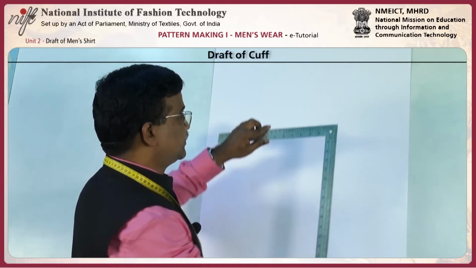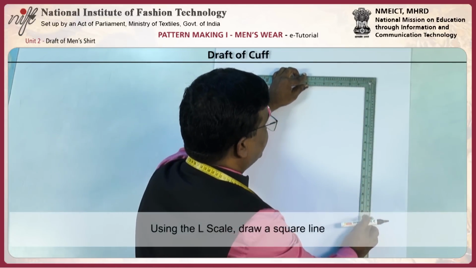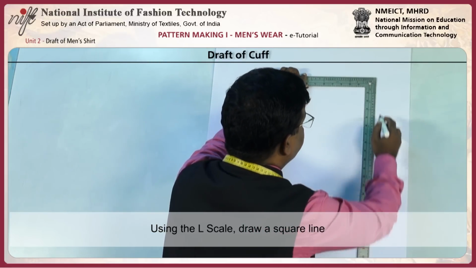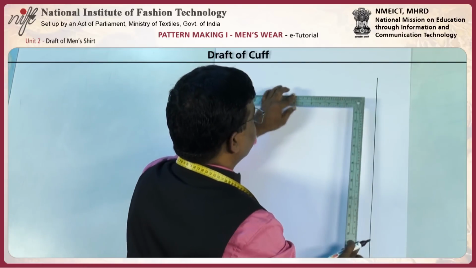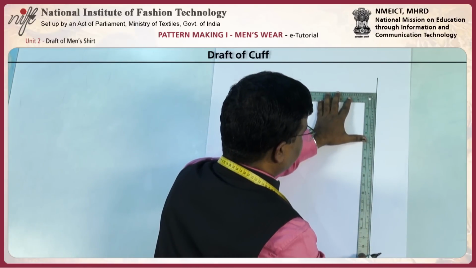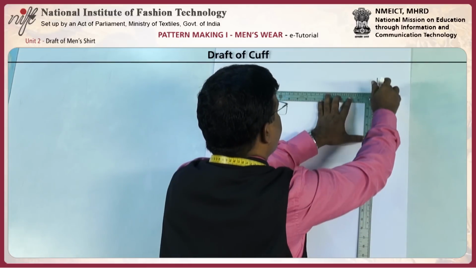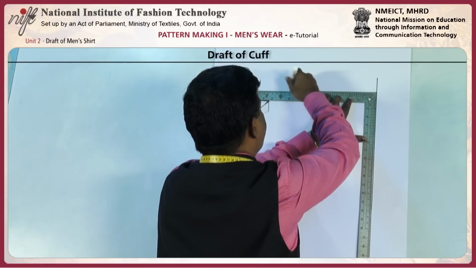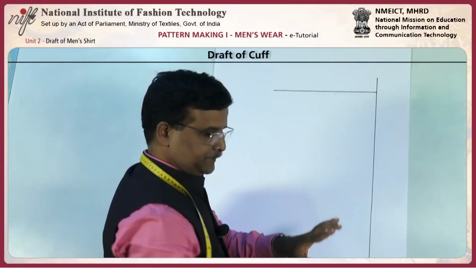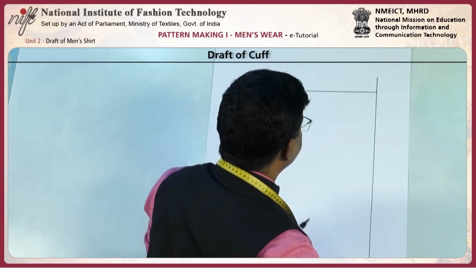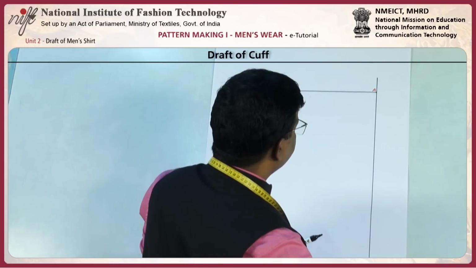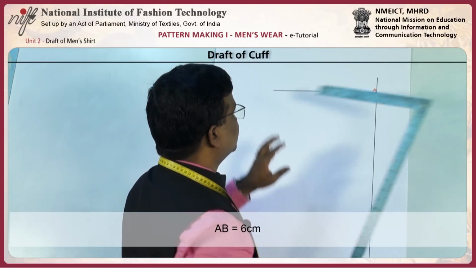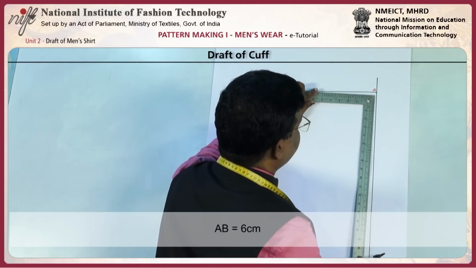Cuff draft. Draw a square line. Label A. A to B 6 centimeter.